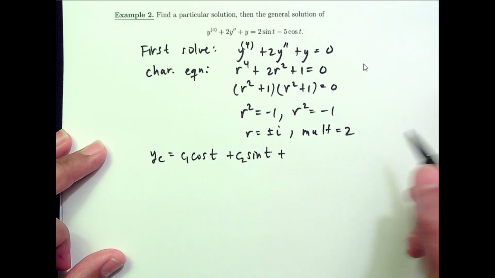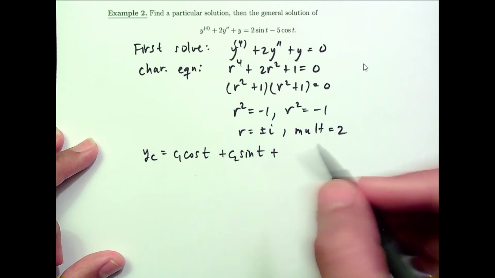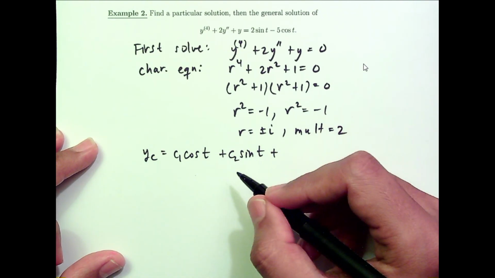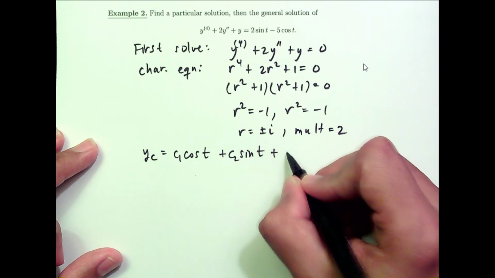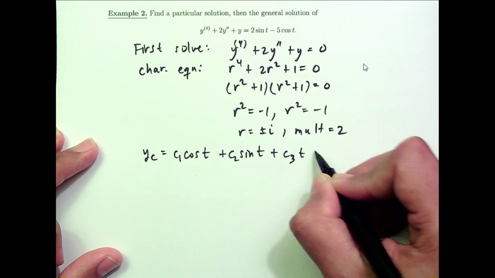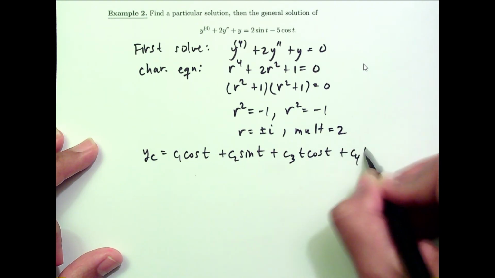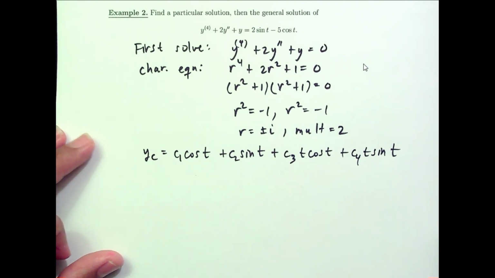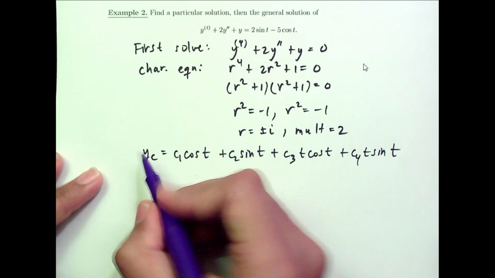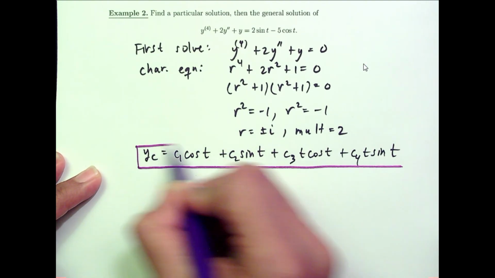And because it is multiplicity 2, the next two are the same as this one, multiplied by t. And of course, you have to use a new coefficient. So C3 t cosine of t plus C4 t sine of t. And that is the complementary solution. And let's box it up for easy reference.